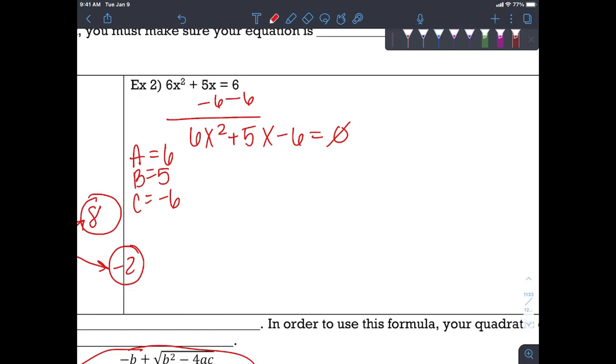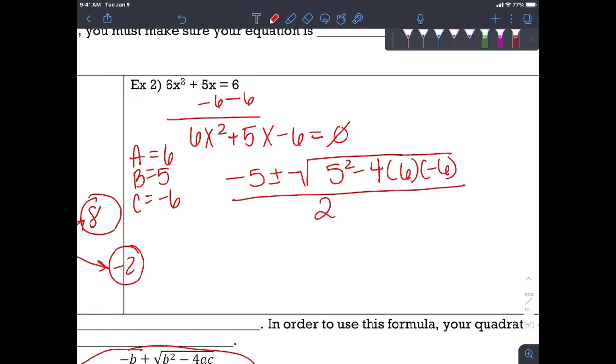So let's go ahead and plug those in. -b plus or minus the square root of b squared minus 4 times a times c, all divided by 2 times a. Now I can go through and look for double negatives. I see 2 of them here.